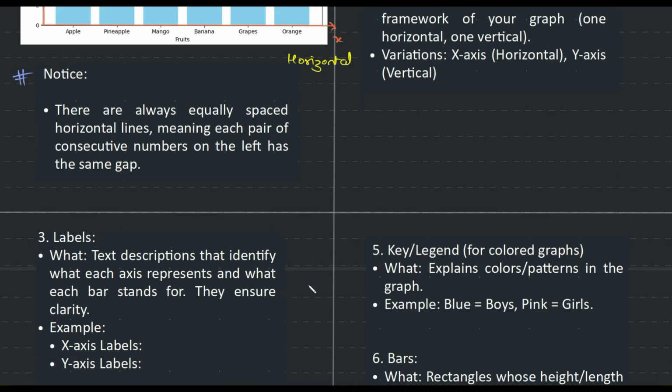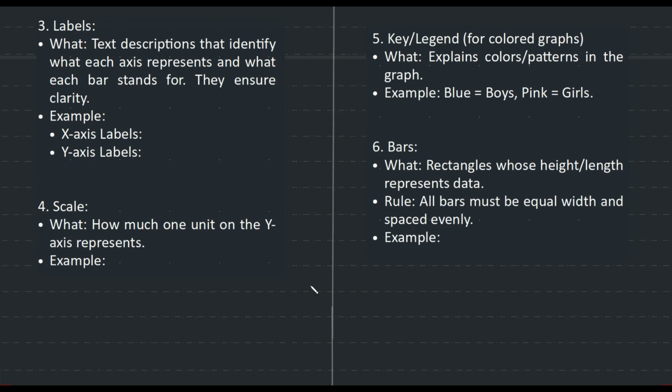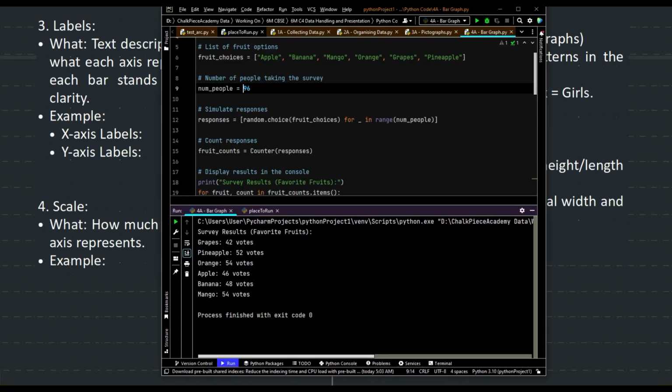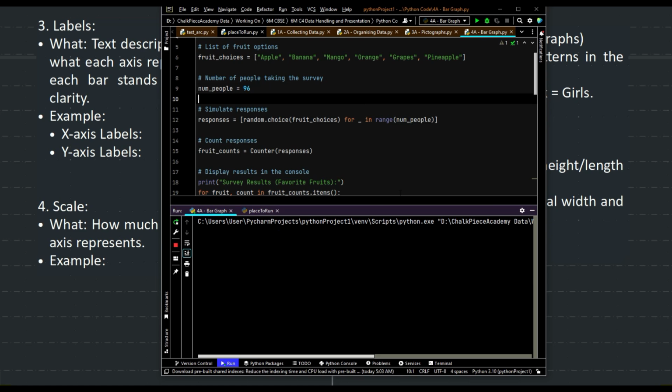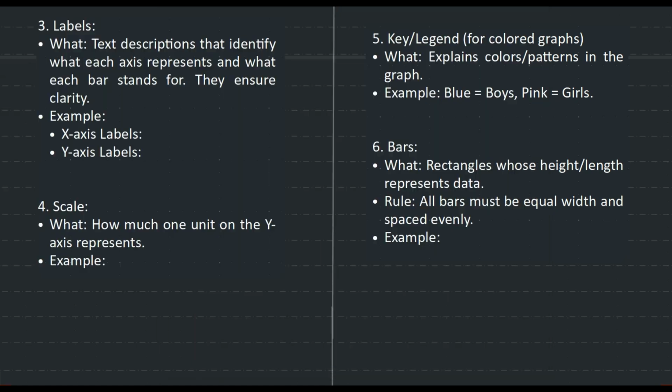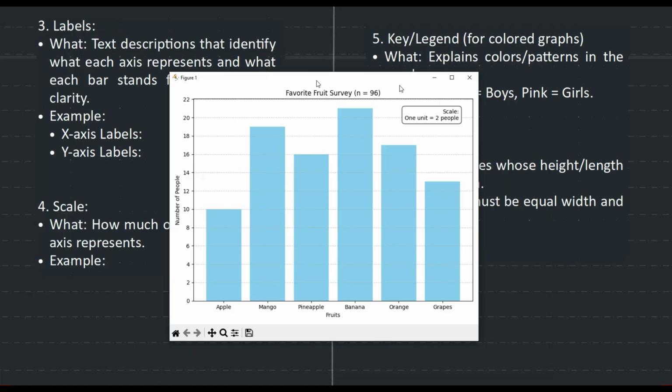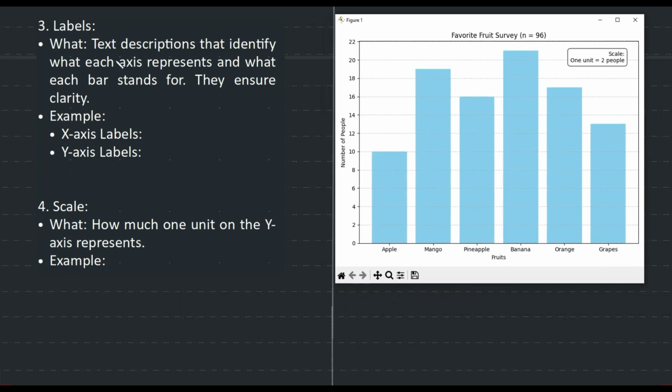Right. Next. Labels. So labels, let me actually show it here itself. It's convenient. So in this case, what are the labels as per the definition? Text description that identifies what each axis represents.